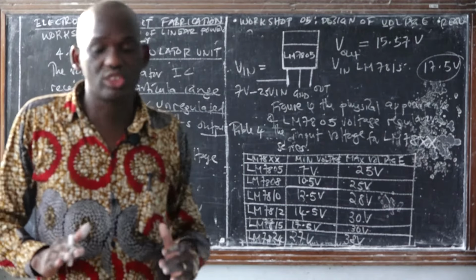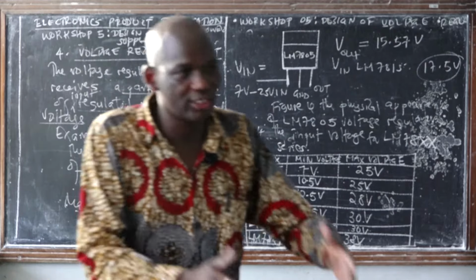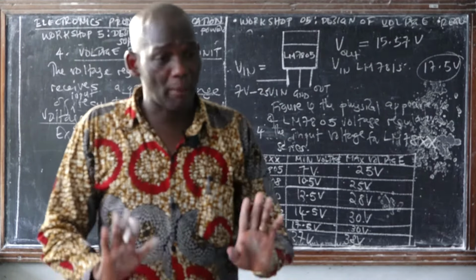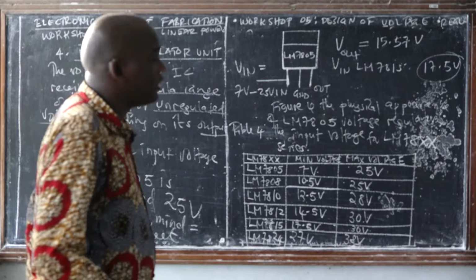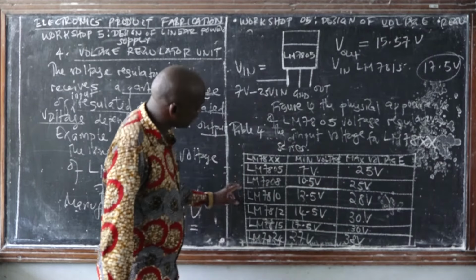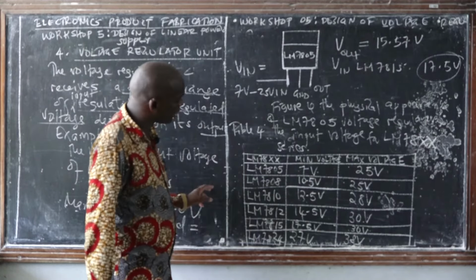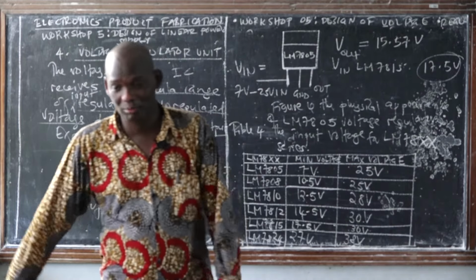Because the voltage regulator is not an amplifier. It is not that if you give the minimum voltage, it will amplify. No, it's not an amplifier. Are we together? Imagine that I gave you a problem and asked you to design a linear power supply that provides 15 volt. What are you going to do? Because there you have seen there is a problem.